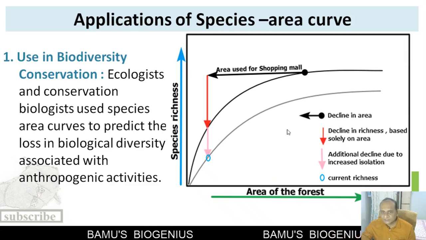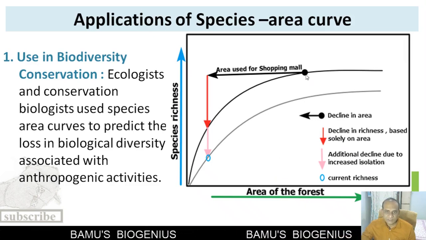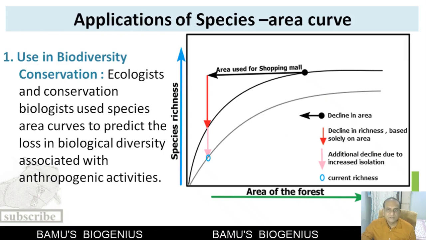This is an imaginary example. Suppose we are building a particular kind of shopping mall in a given area.